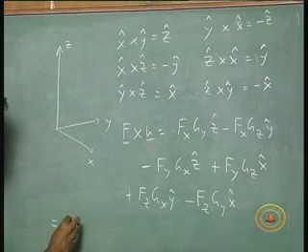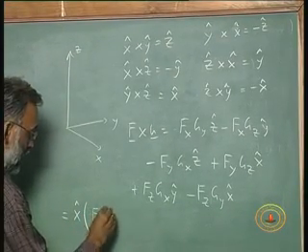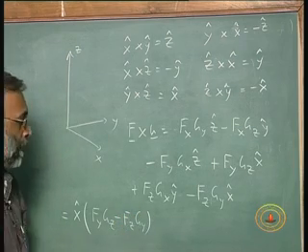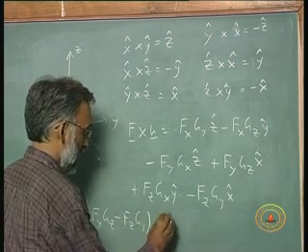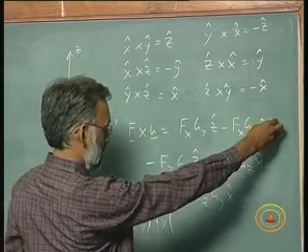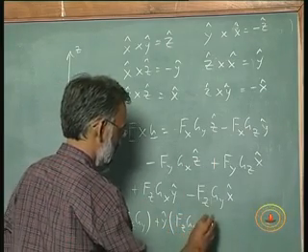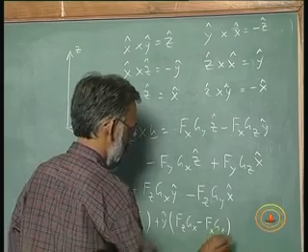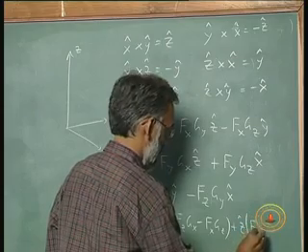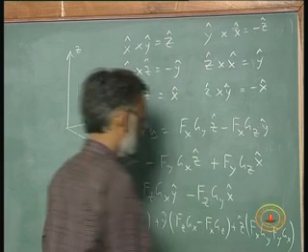It becomes x hat times fy gz minus fz gy, plus y hat times, there are 2 terms, fz gx minus fx gz, plus the z term, which is fx gy minus fy gx.